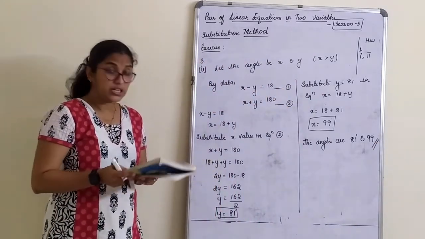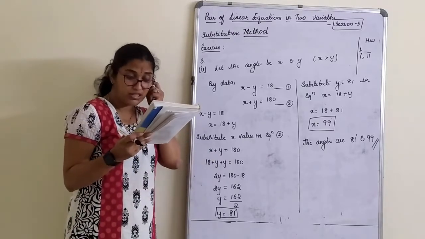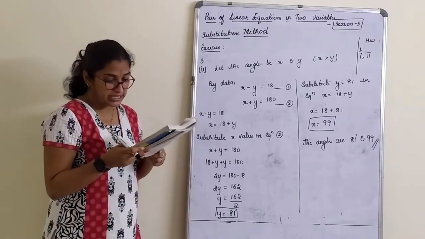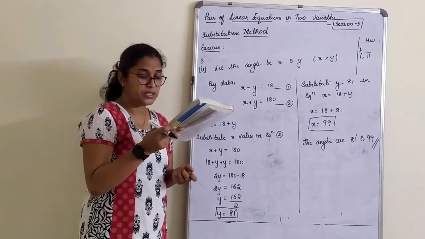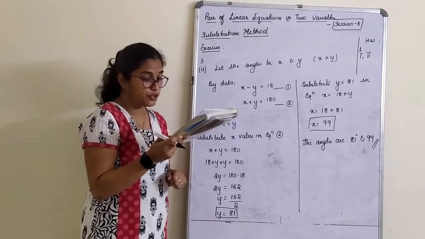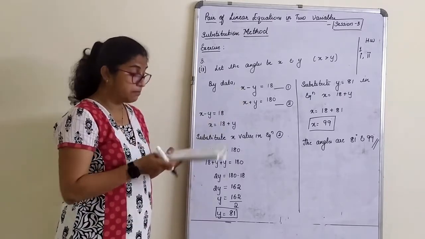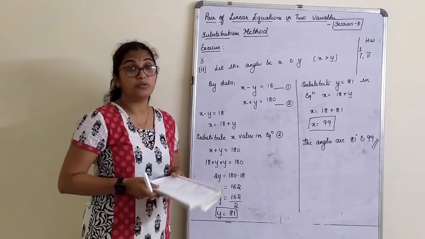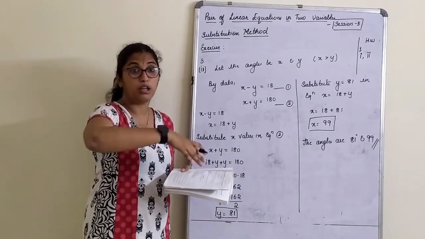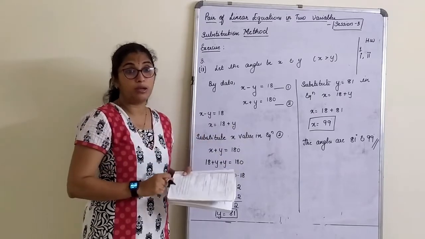Okay. Third one, I'll mark for homework. Just read the question, what it is. The coach of a cricket team buys 7 bats and 6 balls for rupees 3800. Later she buys 3 bats and 5 balls for rupees 1750. Find the cost of each bat and ball. Now we know how to do this. Let the cost of each bat be x and each ball be y.